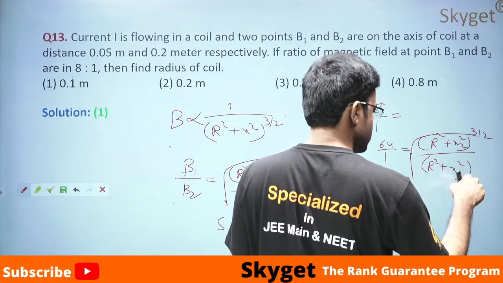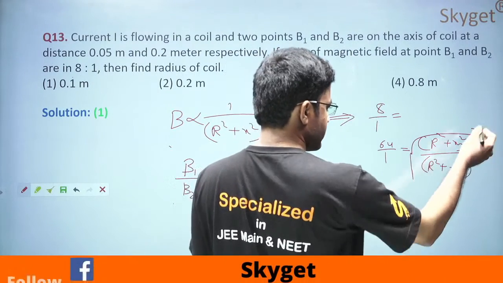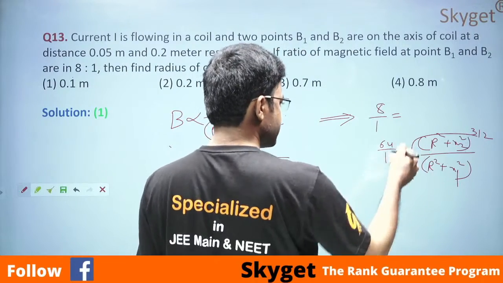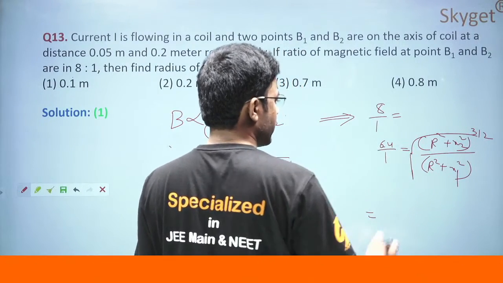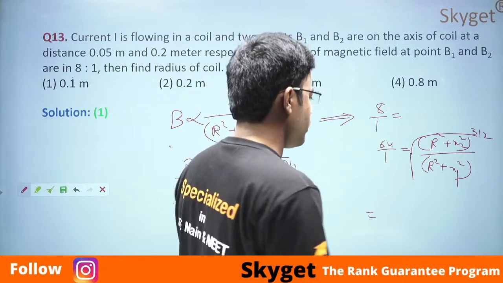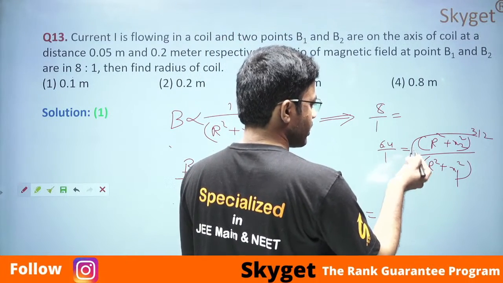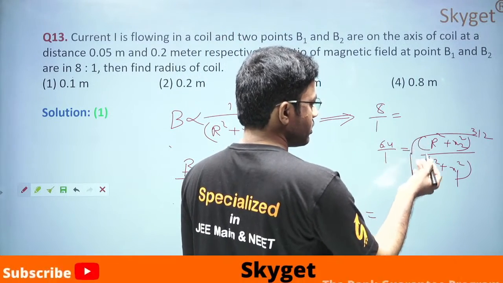This is x2, this is obviously x1. So bring this power 3 by 2 onto this side. You can write 64 as 4 cube, or else you can convert it into 8 square.